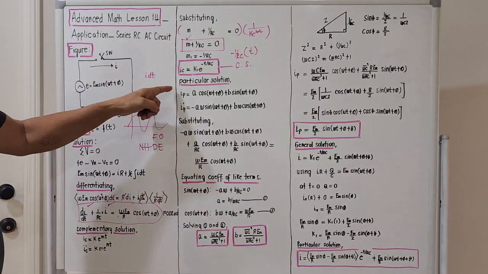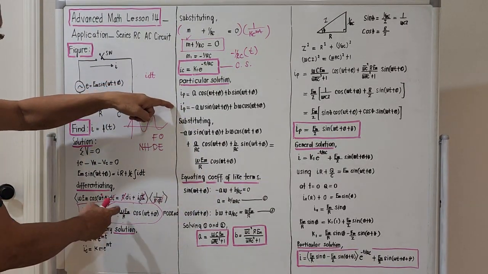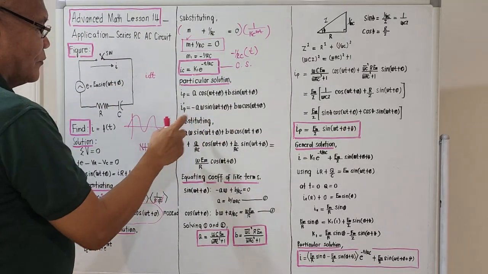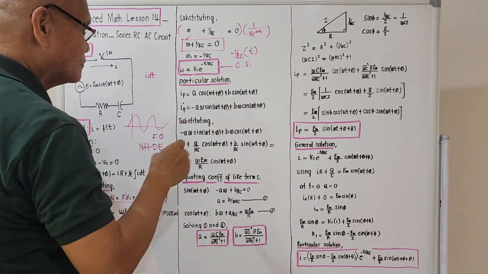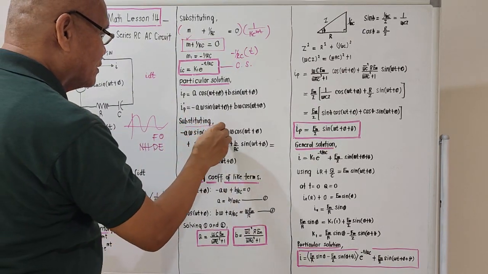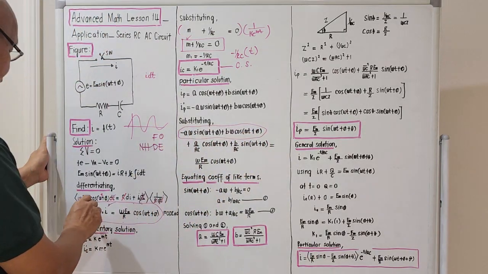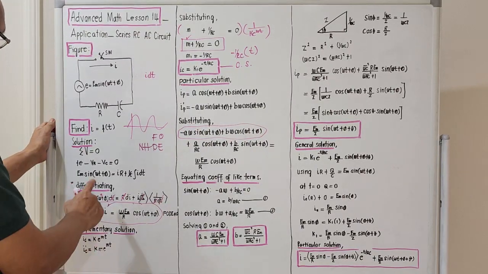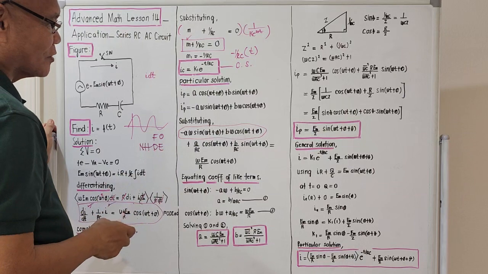Taking the values of I P and I prime P, we'll go back here and substitute. The value of the first derivative is this one, and following this, plus 1 over RC times the value of the particular solution.